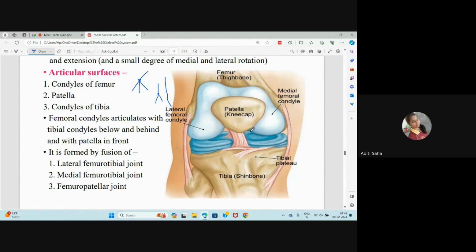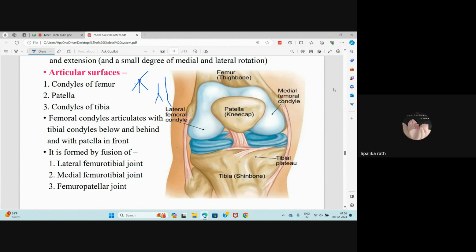Ma'am, it is already mentioned medial femoral condyle. Yes, it is mentioned, but did you get the concept? If it is the right leg knee joint, then the midline of the body will be on which side, this side or this side?